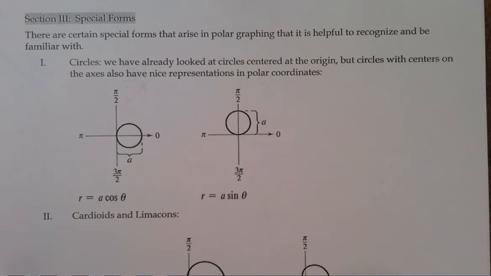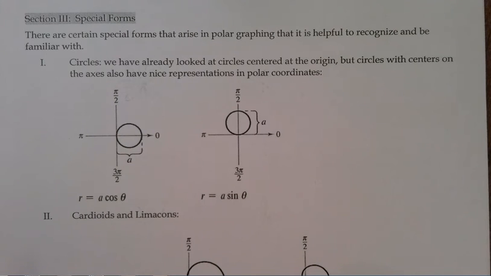If somebody says to you, the equation y equals 2x plus 3, you know immediately that's a straight line, slope of 2, y-intercept of 3. There's a whole bunch of equations like that, right? Y equals the square root of x. You know what that looks like. Y equals e to the x. You know what that looks like. All of those graphs you've become familiar with because you've studied graphs in rectangular coordinates for a long time.